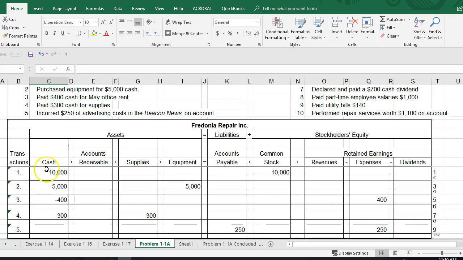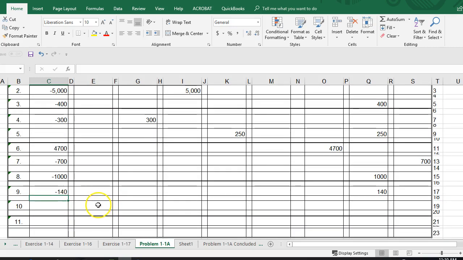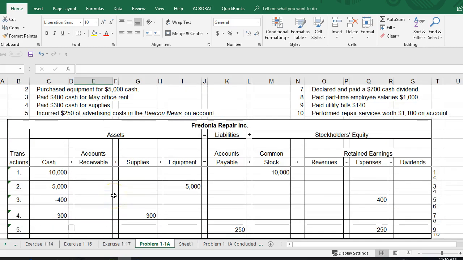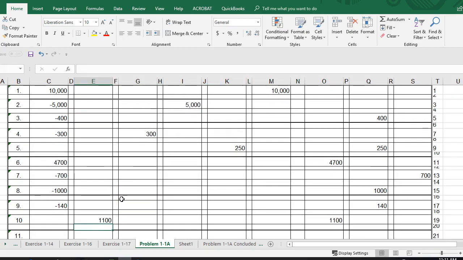So we have an account called accounts receivable that represents money that's owed to the business organization. Accounts receivable qualifies as what's known as an asset account. So under my assets, I'm going to put the $1,100 increase to my accounts receivable. And because I have performed the service already, my revenue account increased by $1,100.